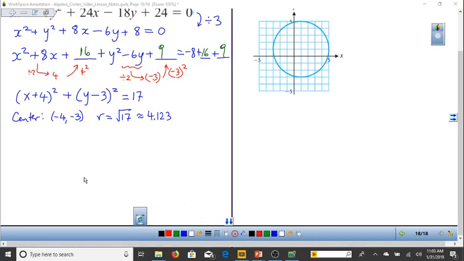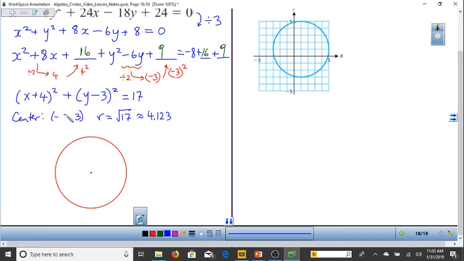I made an error quickly. If you can point out what it is, I put -3. It's supposed to be -4 comma +3. So this point here is -4 comma 3, and then you go a little bit more than 4 units to the right, and that gives you approximately positive 0.123 comma 3.